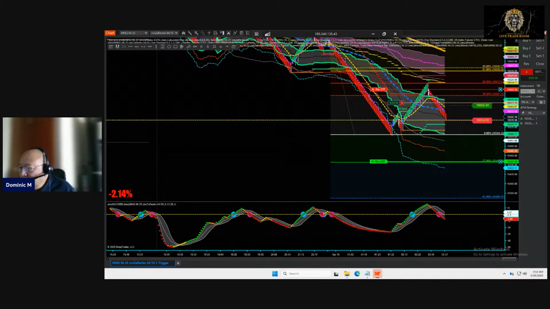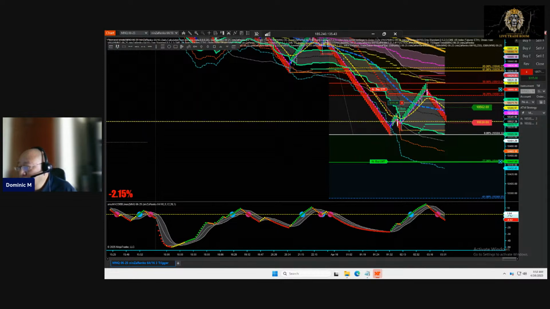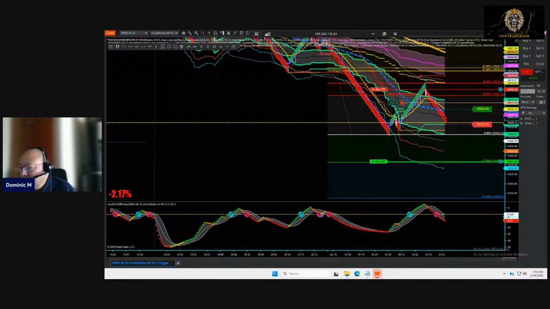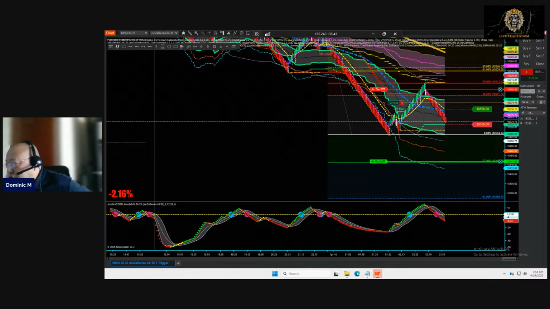Those of you who want to copy my trades do so at your own risk, because I'm not responsible for any of your losses that you may incur in your evaluation, your PA, or your funded account. This is strictly for educational purposes only, to illustrate how I trade the strategy. Any past performance is not indicative of future results.